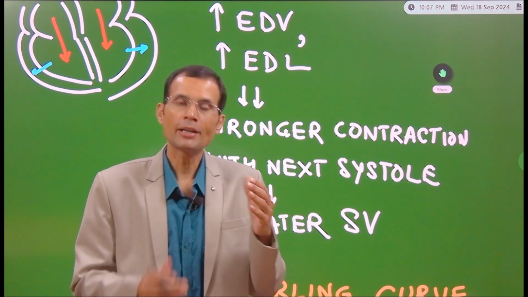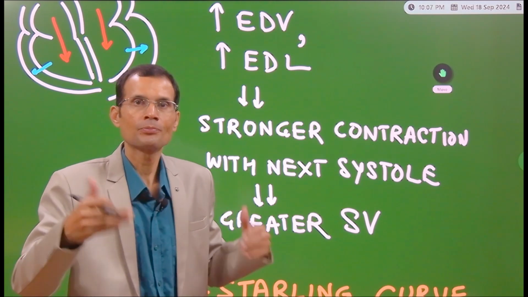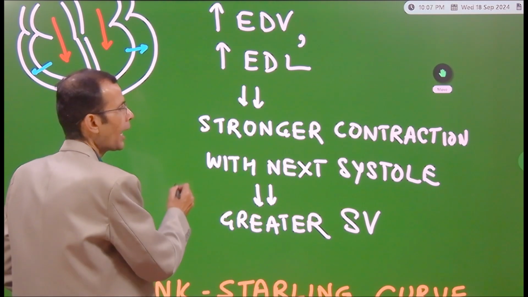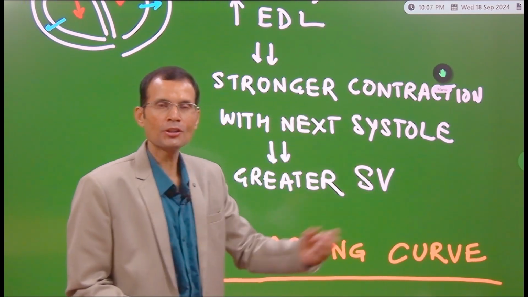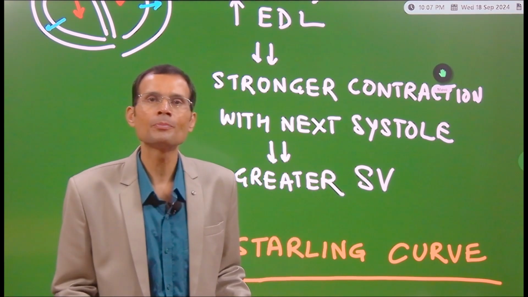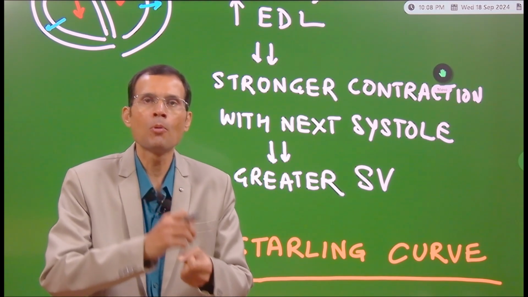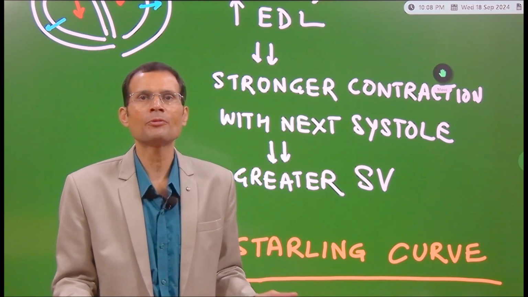And if it's a stronger contraction with the next systole, there will be a greater stroke volume. Now this is logical. The stronger the ventricle contracts, the more blood will be ejected out by the ventricle.